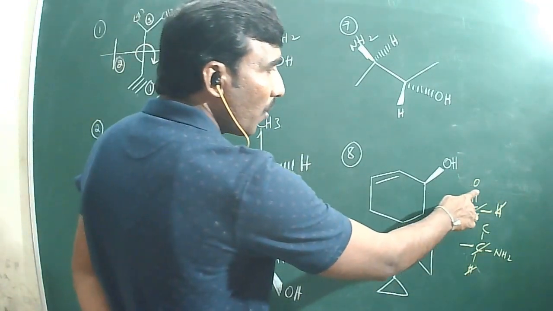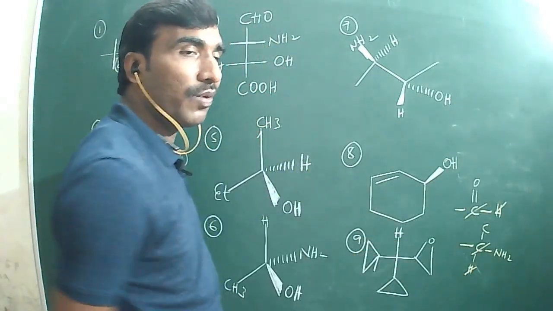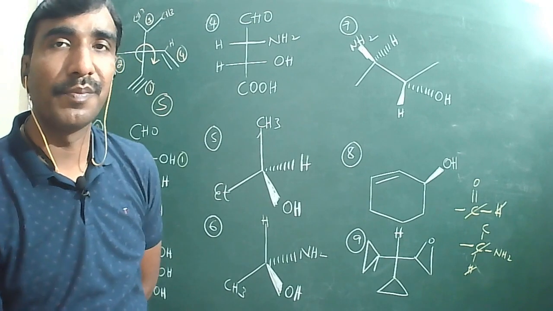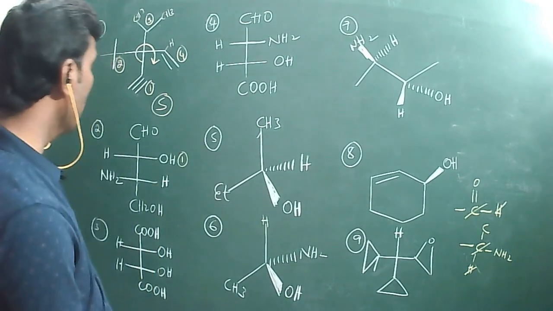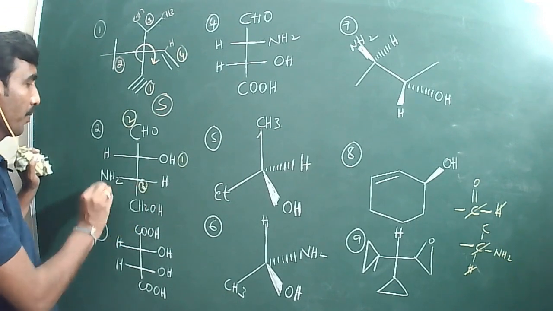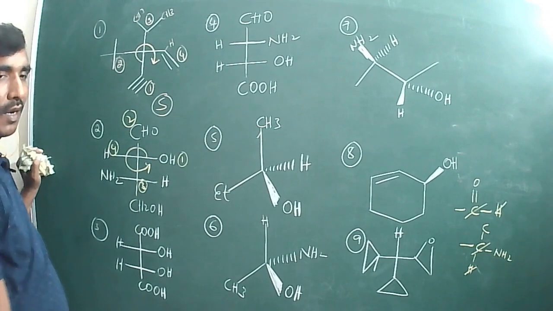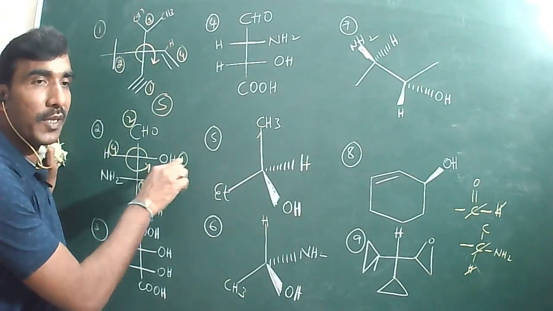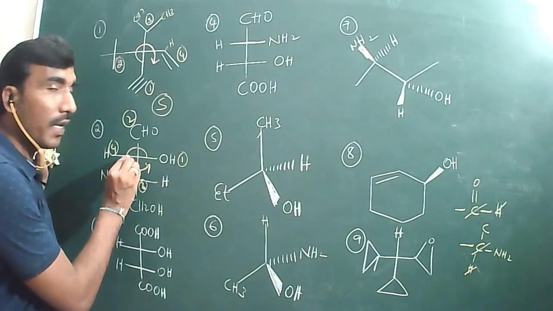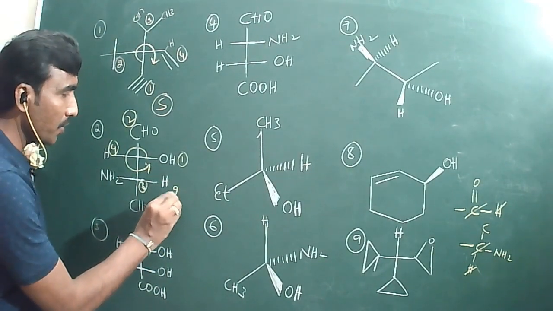So here 2 oxygens, 1 carbon, 1 nitrogen. Compared to nitrogen, oxygen is more, atomic number. Then second priority should be CHO, third priority and fourth priority. 1, 2, 3 anti-clockwise. But the least prior group is on horizontal line. So what can I give here? R or S? R. So I can write it as 2R.